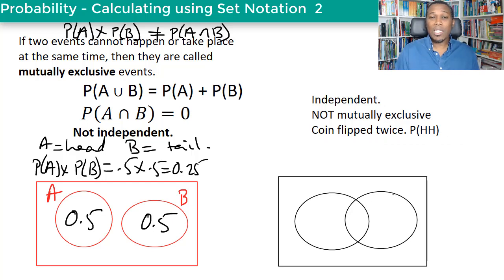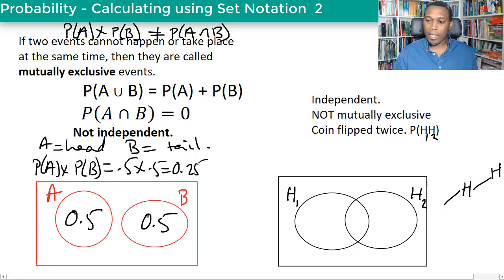This is something you can represent with a tree diagram, and I'll use that to justify the logic, from the theoretical probability. I'll put H1 and H2. Let's deal with the both: the probability of getting a head and a head. You recall from your tree diagram, the probability of getting a head and then getting another head is a half times a half.